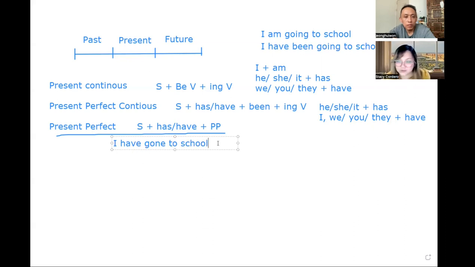Now, Mr. Zhong, can you please explain it to me very shortly? What is I am going to school? What does it mean? I go to school now. You're going to school. So can you explain to me the scenario?